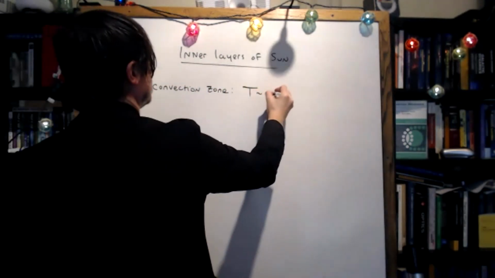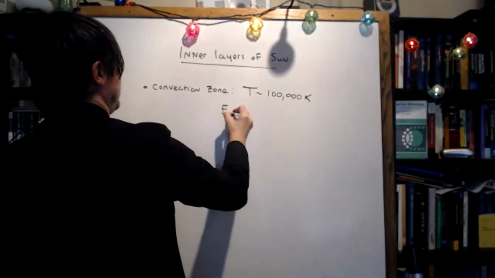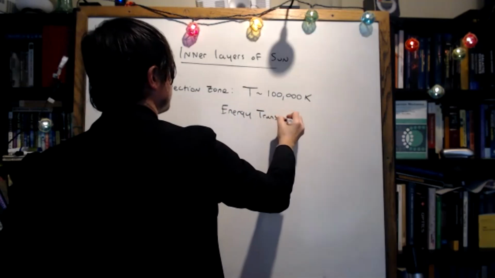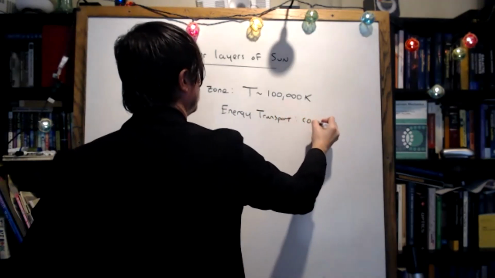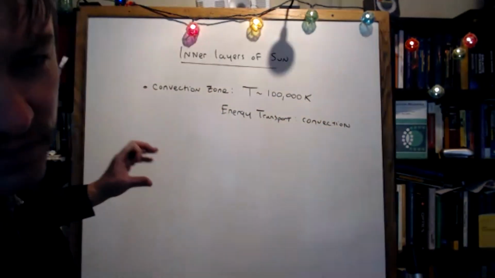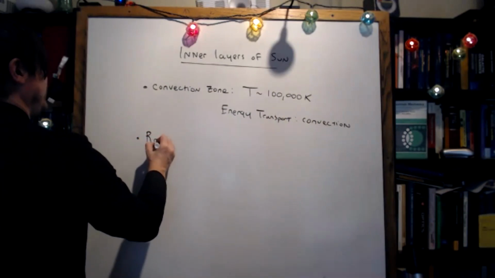Those have temperatures of around 100,000 Kelvin, and the energy transport is by convection. So far, this is just a review of the point that we just made. Now, we're going to talk about the radiation zone.